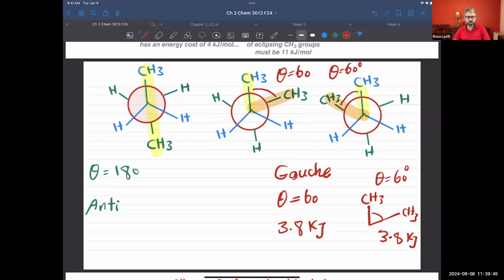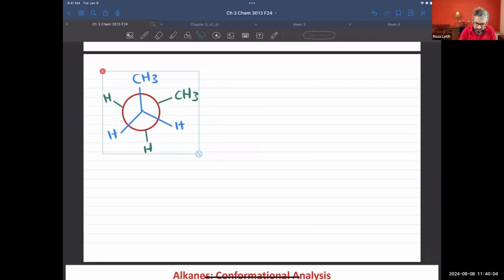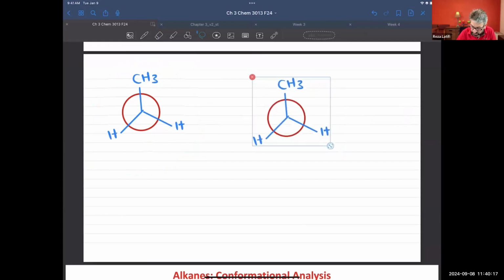Now, you have 2 gauche conformations. In one, methyl is on the right side. In the second one, methyl is on the left side. Of course, you have one staying on the top. And how about the eclipse position? We can have a couple of eclipse positions. Let me show them.